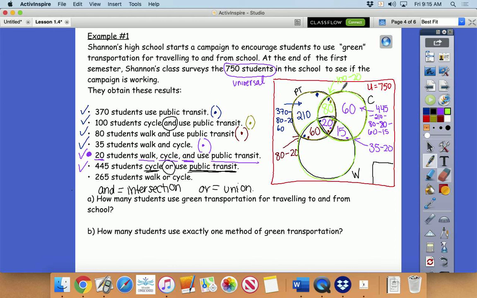As you can see, we have all the pieces of the circles except for walking only. This one right here is the only one we're missing. To get this number, we're going to take 265 and subtract the 80 from the green circle, the 60 from the green, the 20, the 15, and the other 60. So again, I'm subtracting 5 numbers. So what you should get is 30 right here.